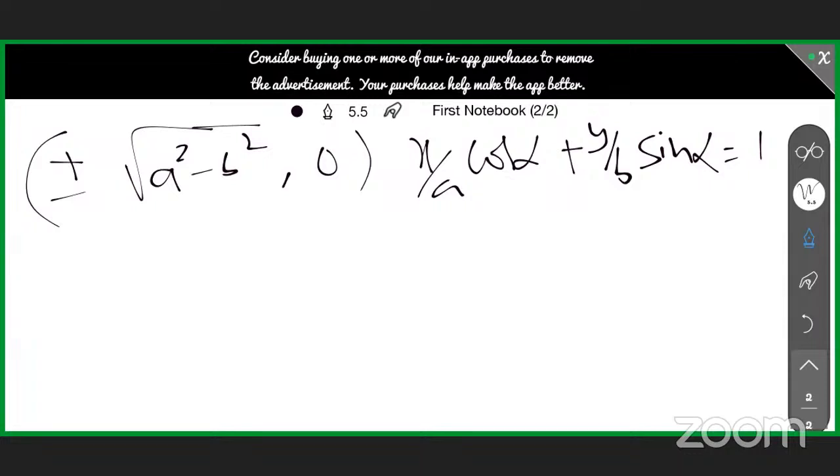If I'm asking how to convert to normal form, you are still silent. You don't know the steps to be done. So I'll take this equation in the form ax plus by plus c is equal to 0. So what is my a value now? If you compare this equation with this equation, what is my a value?